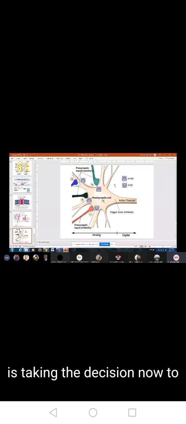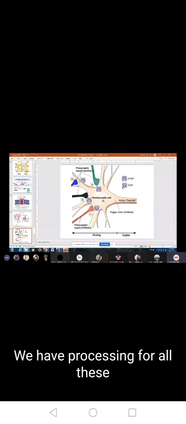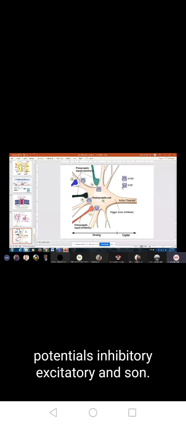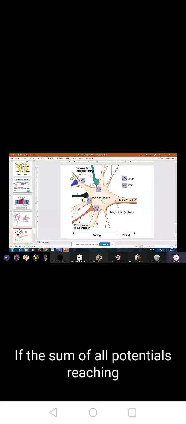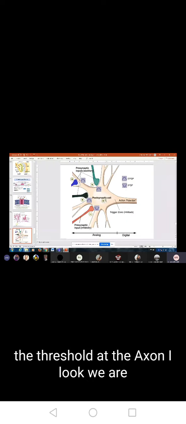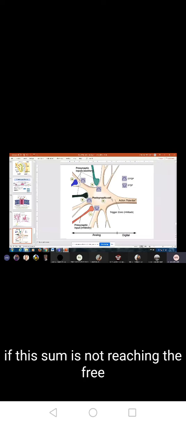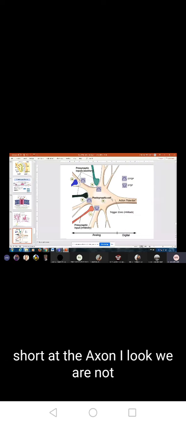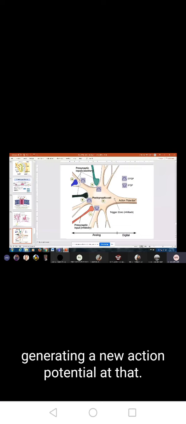So that part of a neuron is now taking the decision to generate a new action potential or not. We have processing for all these potentials, inhibitory, excitatory, and so on. If the sum of all potentials reaches the threshold at the axon hillock, we are getting generation of action potentials. If the sum is not reaching the threshold at the axon hillock, we are not generating a new action potential at that part.